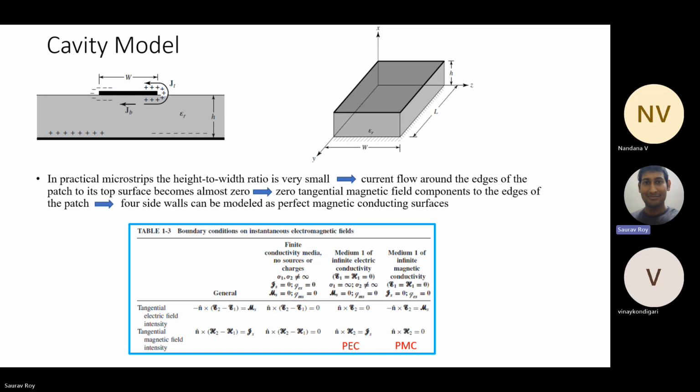If you remember the boundary condition, n cross H is given as JS. The boundary condition says the current density is related to the tangential component of the magnetic field. So if this current density is zero on the side walls or slots, that will lead to no tangential magnetic field component. Do you understand this?